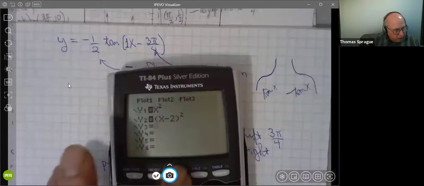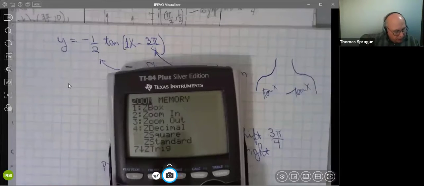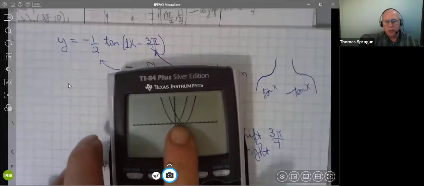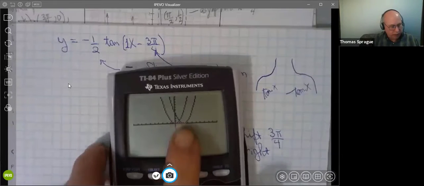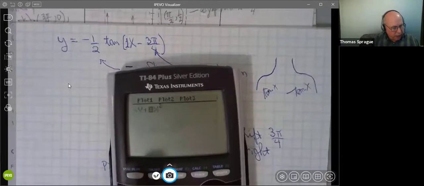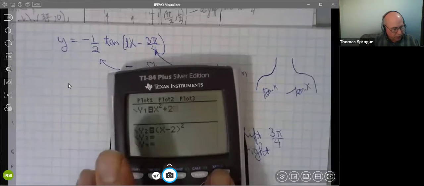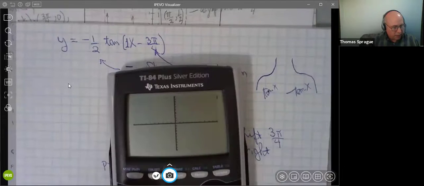And for zoom, I'll take the standard window. So there's y equals x squared, and there's y equals x minus 2 squared. That vertex has been shifted to the right. And that probably seems a little bit counterintuitive, because if I added outside of the parentheses, it has the opposite effect. That will shift it up rather than down.